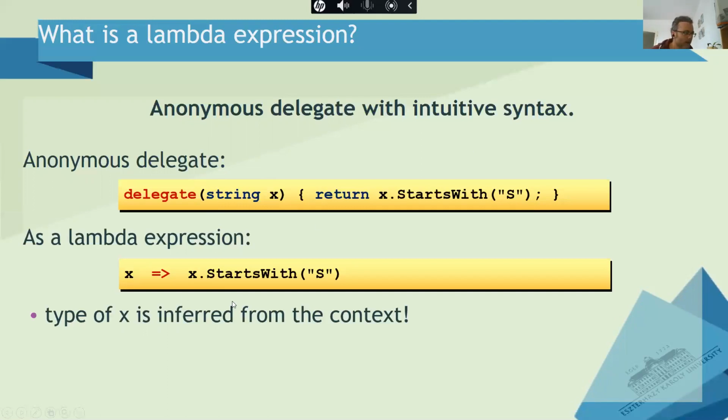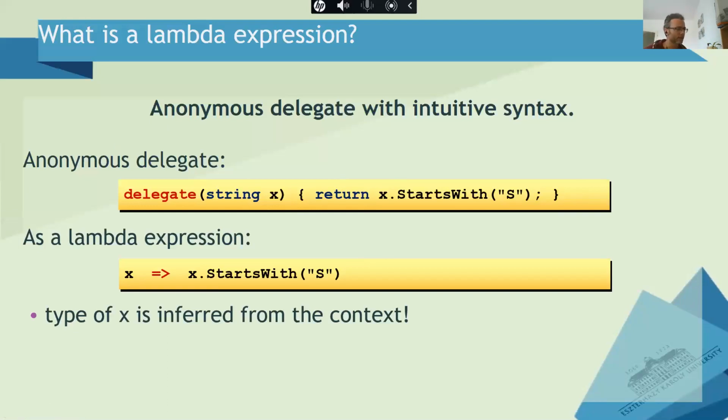Okay, then of course we can remove the brackets because anonymous delegate always use those brackets, so there is no point to put them there. Let's just remove them. Also, we can remove the return keyword because in most cases an anonymous delegate returns something, so the return keyword stands there almost every time.